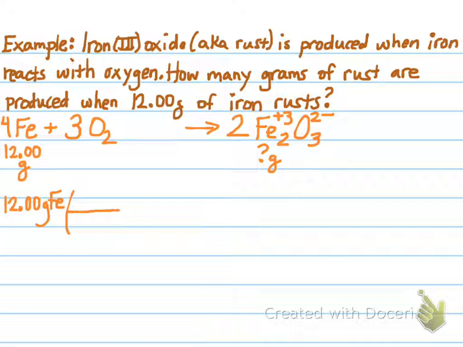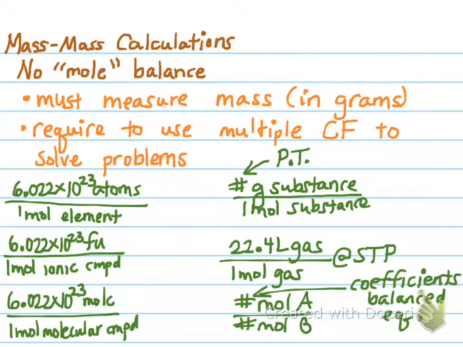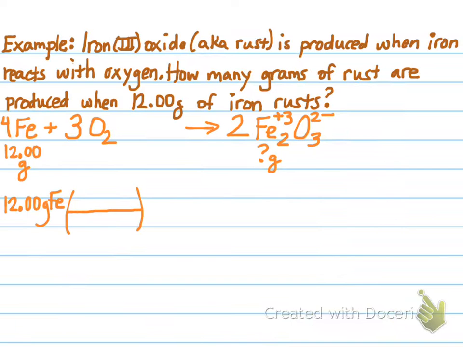So my only way to change from one substance to another is my mole ratio. So I have to get iron into moles. So I'm looking for some tool that has moles and grams in it, and it's molar mass. So grams of iron will be on the bottom to cross out, and moles of iron will be on the top.